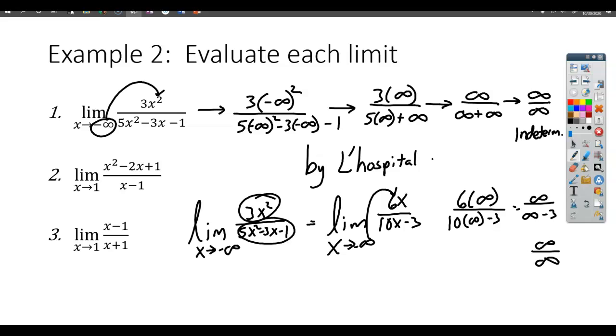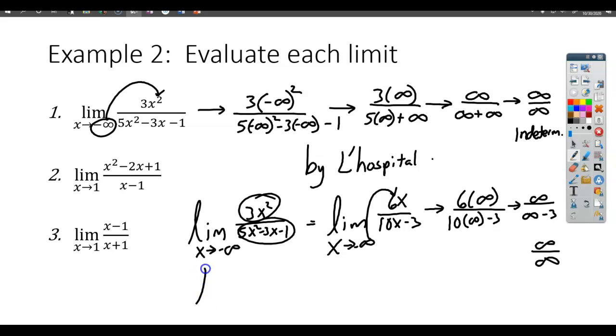Sometimes that will happen, where you need to do L'Hopital again. Every time I get an indeterminate form, we're going to do L'Hopital's rule again.